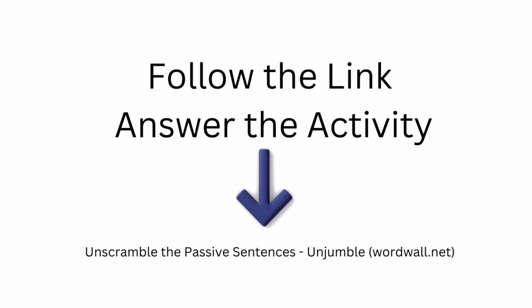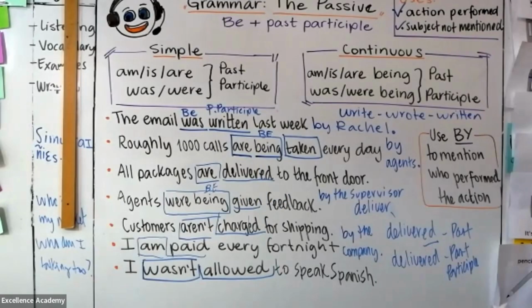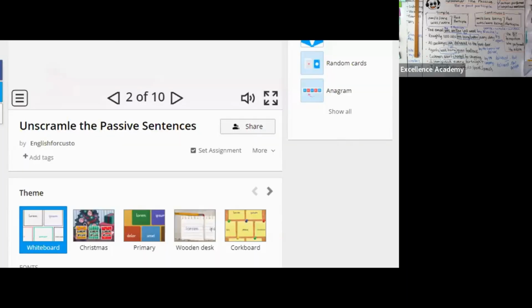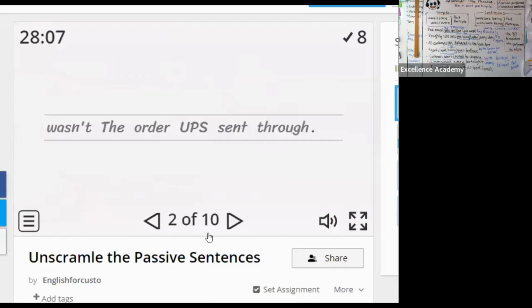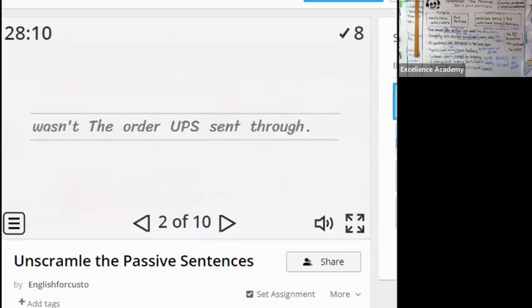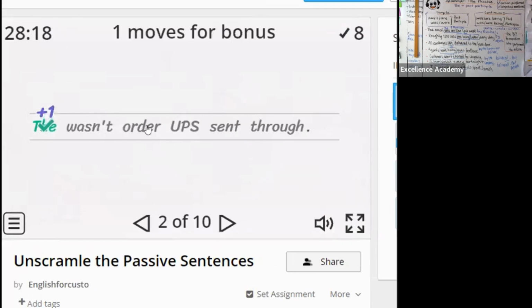Let's just resolve this activity for good measure. What did you get for this one? What would be the correct form here? The order wasn't sent through UPS. Gotcha.